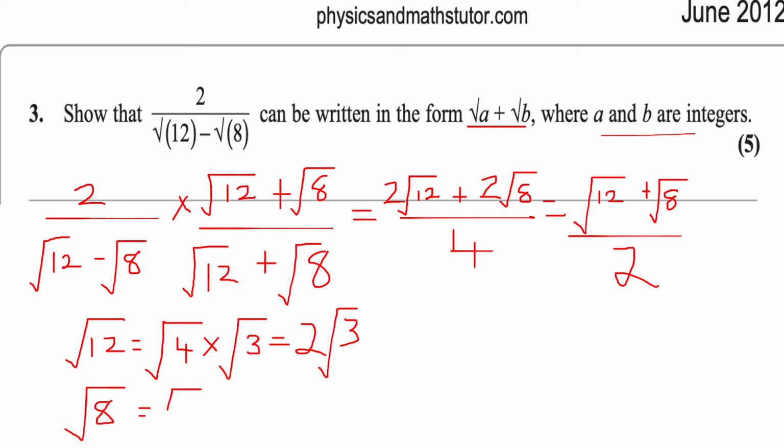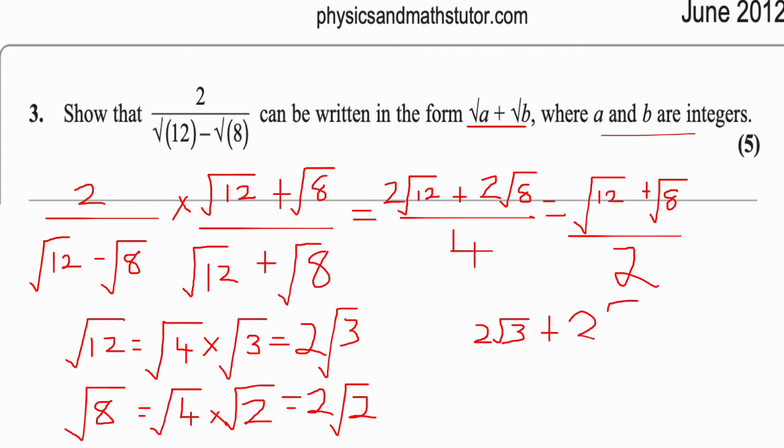Note that this time I don't have a common surd, but that doesn't matter. I can still simplify the surd. Root 4 is equal to 2, so I'm going to have 2 lots of root 2. So then the numerator now becomes 2 root 3 plus 2 root 2 all over 2, guys.